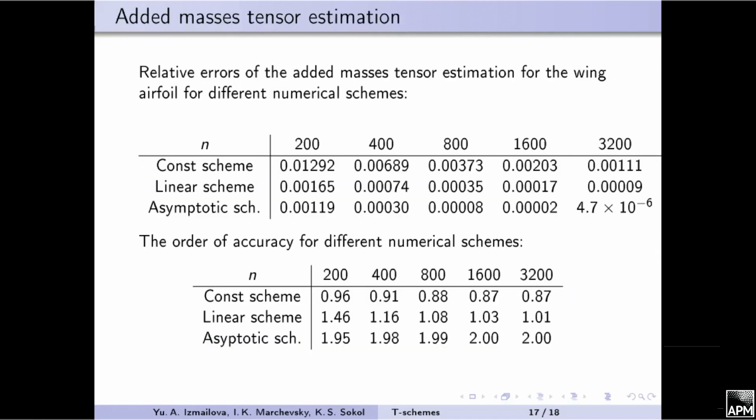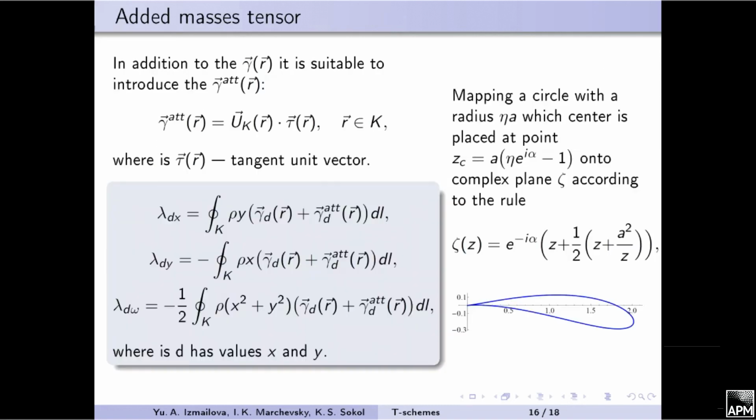And what is the flow direction in this case? Flow direction. Where does the flow go? From left to right or from right to left? We consider that the airfoil is moving in which direction?